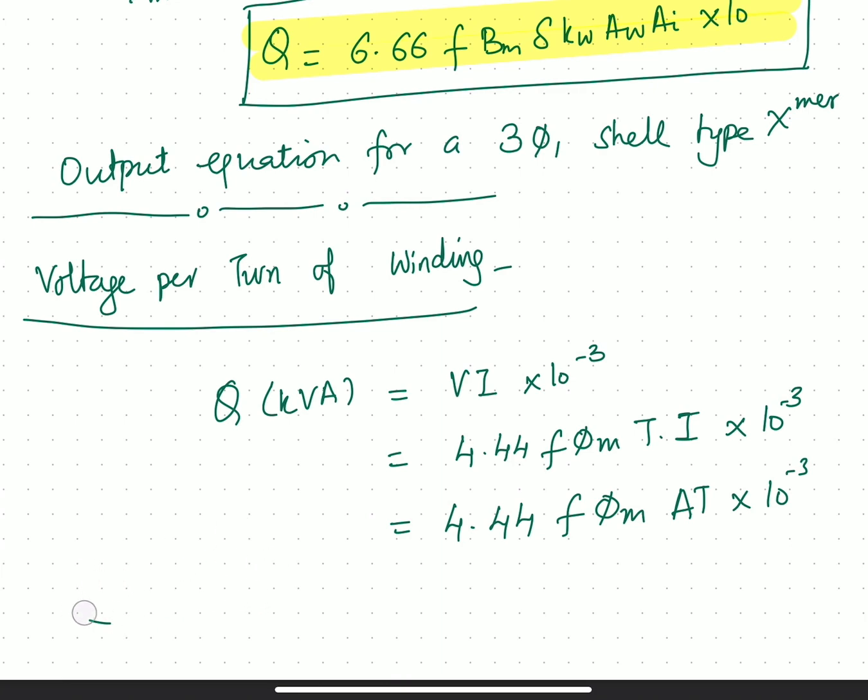So in this expression, phi m is known as the magnetic loading, and this AT, the MMF, is known as the electric loading.